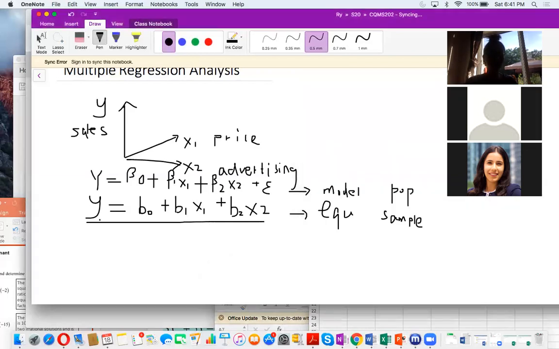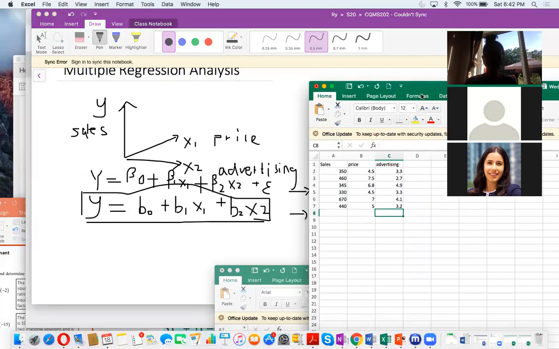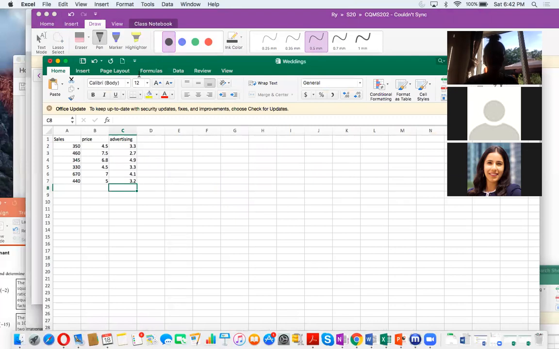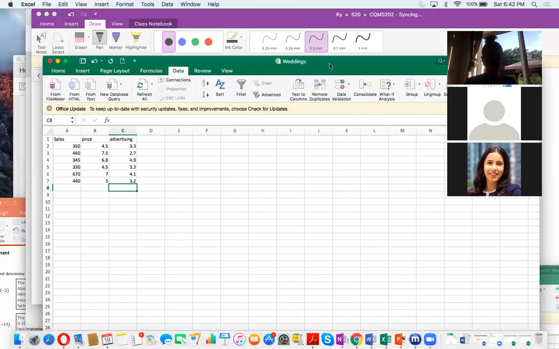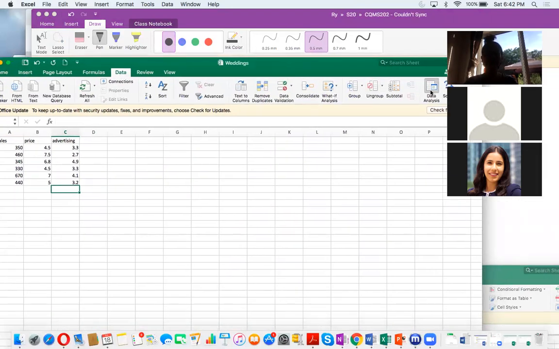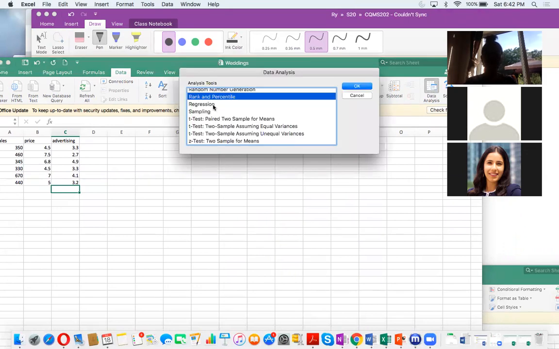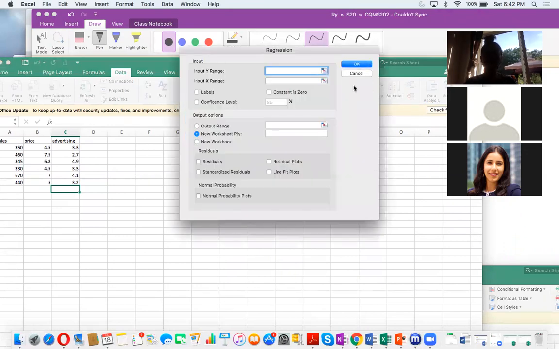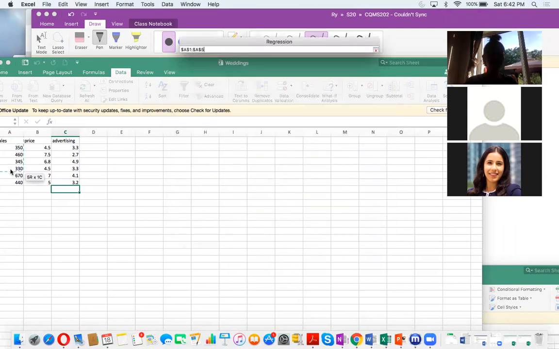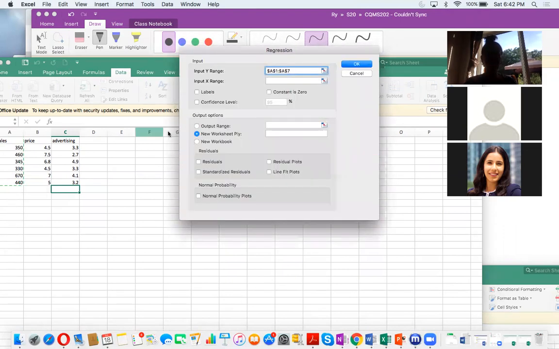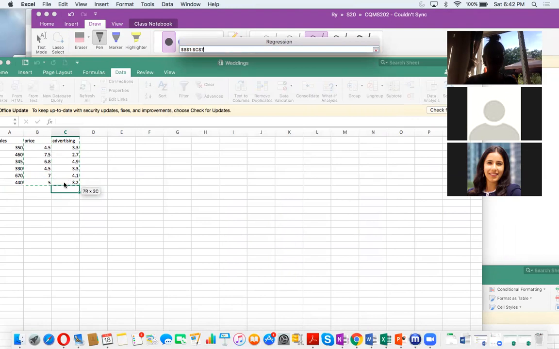So I'm going to produce something like this, a linear equation, okay? So how am I going to do that? I go to data, and then data analysis. After that, regression, and click OK. Input Y, so this sales is my Y. And input X, I have 2.